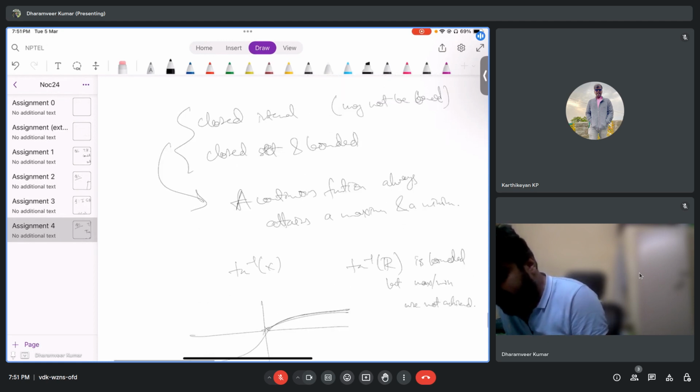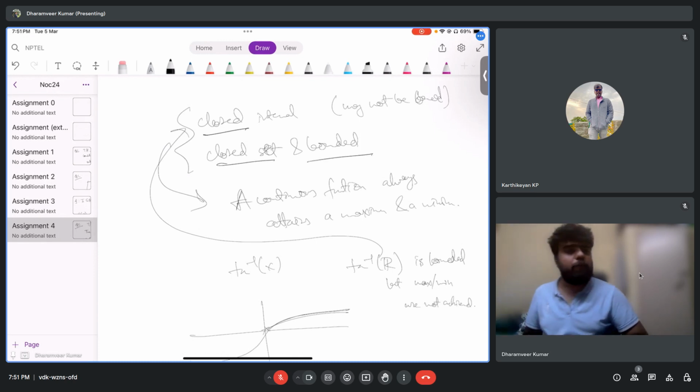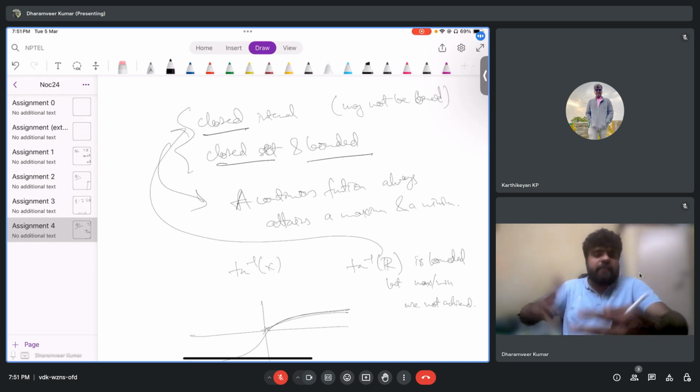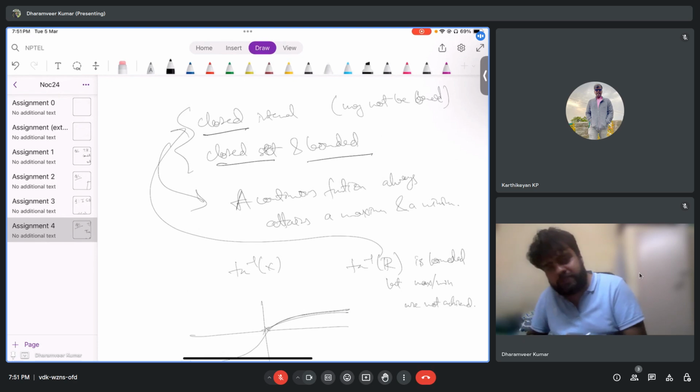It's an interval, but it's not closed. It's a closed set, but not bounded. That's why it's not achieved. To understand the intricacies, everything has its purpose.